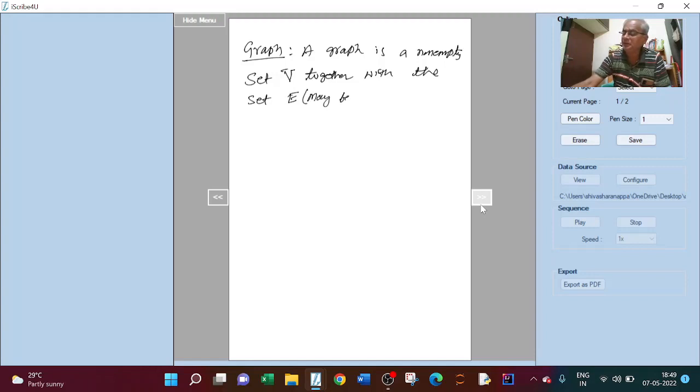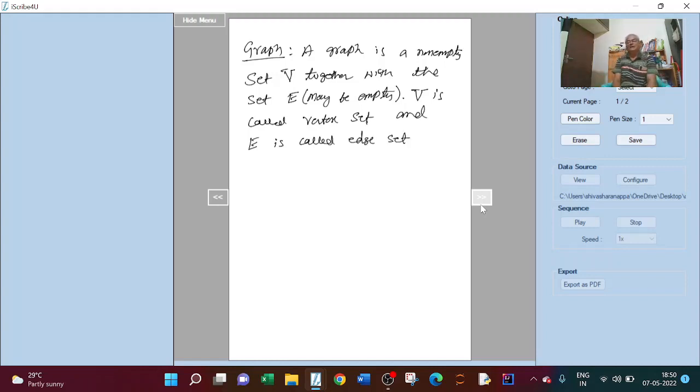The set E may be empty. Here V is called the vertex set, and E is called the edge set.